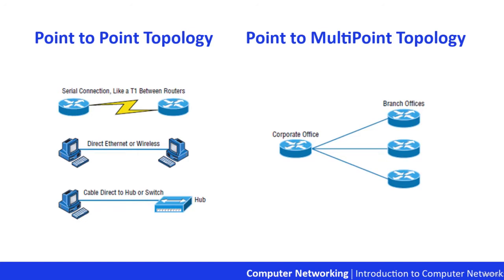Now each of the routers and every one of the interfaces involved in the point-to-multipoint connection are part of the same network. The figure on the right hand side shows a wide area network and demonstrates a point-to-multipoint network. You clearly see a corporate router connecting to multiple routers of the branch offices.